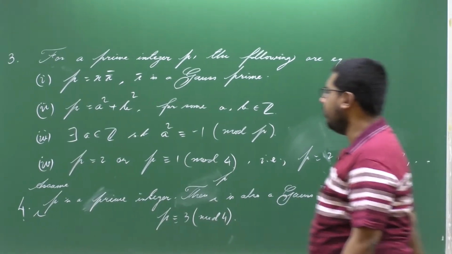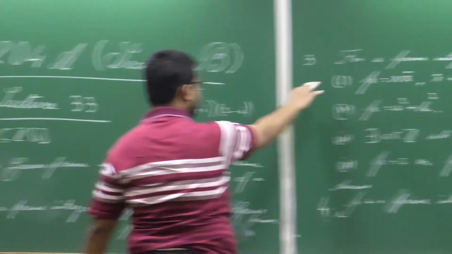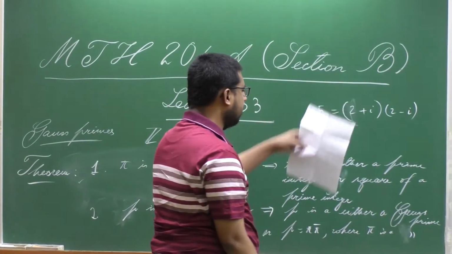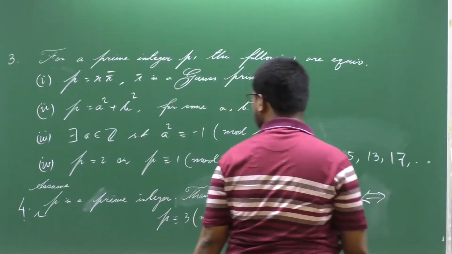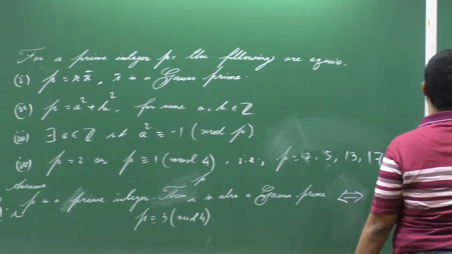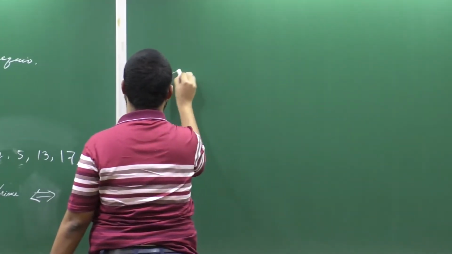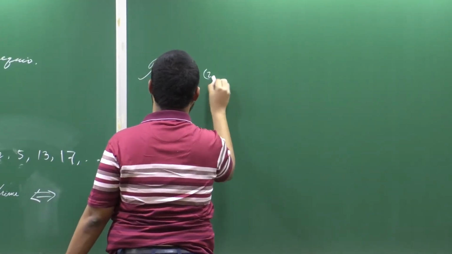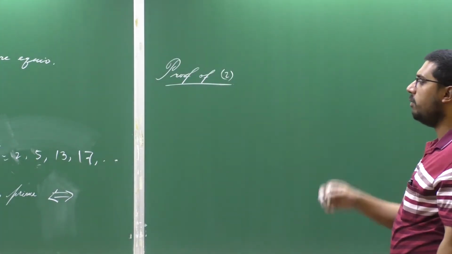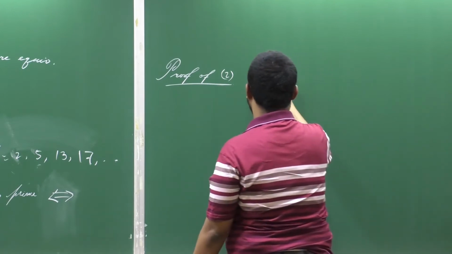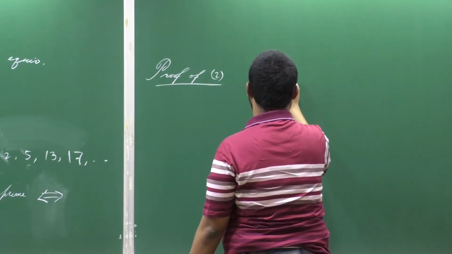So, now we will prove the second part of the theorem and the third part as well. For the second part, it says that let us say p is a prime integer. So, proof of 2. We know p is a prime integer.